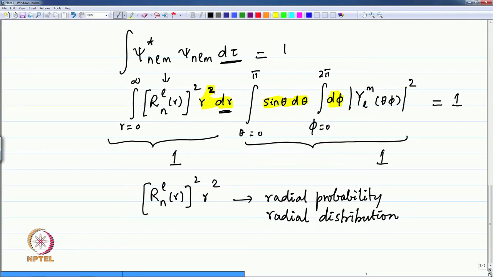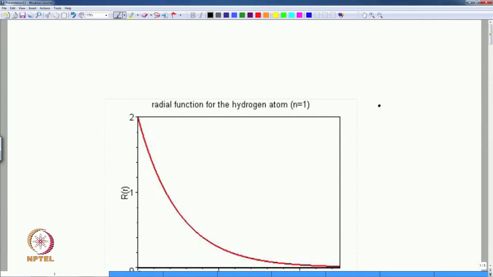Let us look at these functions in the pictorial form. The first one is like exponential minus r by a naught. This is n is 1, l is 0, and this is a straightforward exponential, the radial function. If you write the normalization constant also, remember it is 2 by a naught to the 3 by 2.